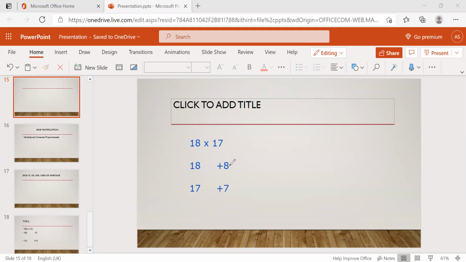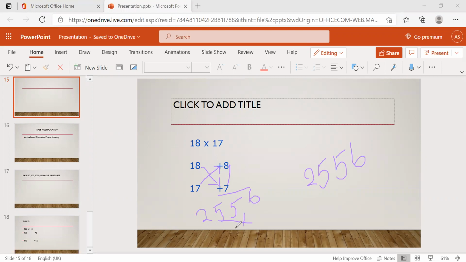Vertical multiplication: it's nothing but 8 into 7, 56. And just add these two, or add these two, anything, your wish. So 18 plus 7 is 25. But if you take it directly, we get 25, 5, 6. So it is the wrong answer, right?